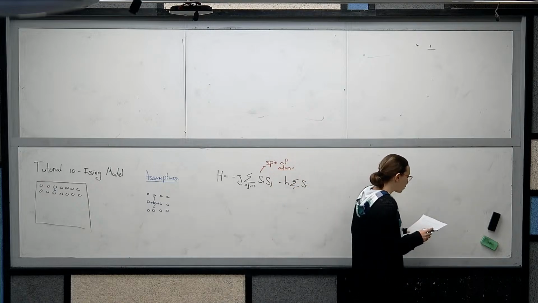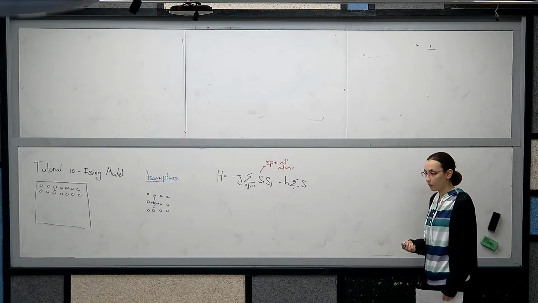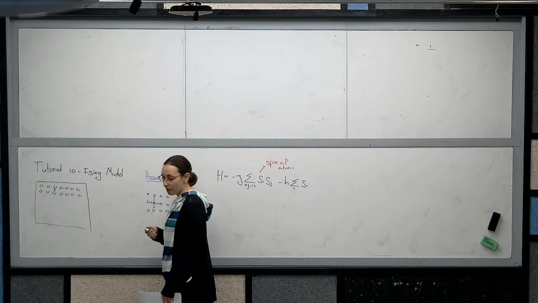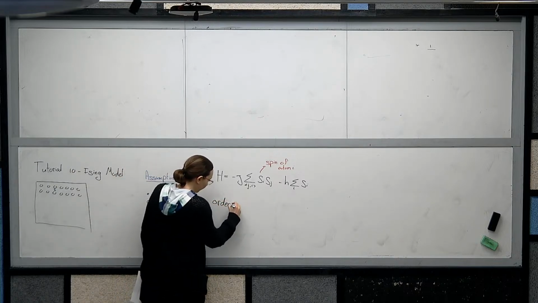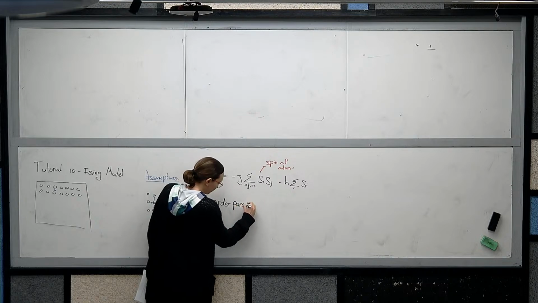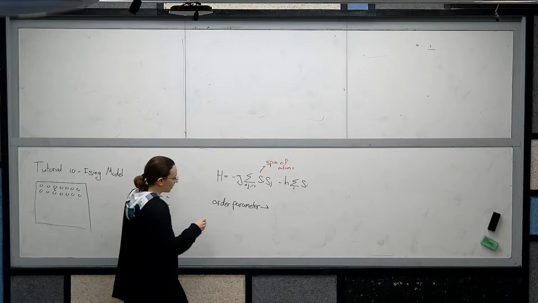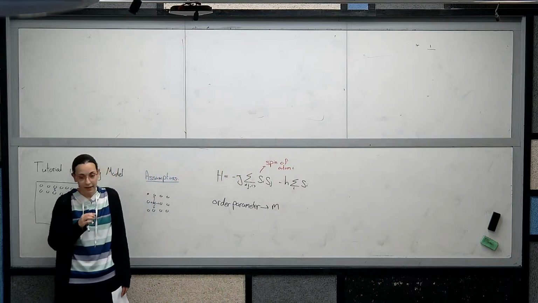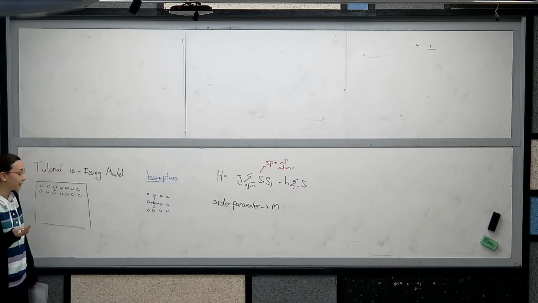Okay, so how do we describe the state of the lattice? We're using what we call an order parameter. We write it as M. This is our order parameter, and it says how much the lattice is ordered.